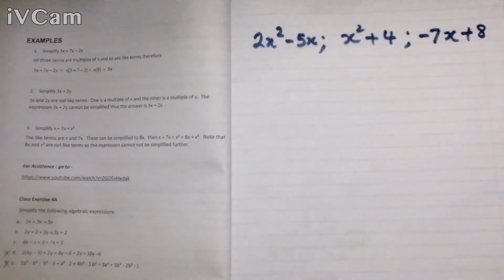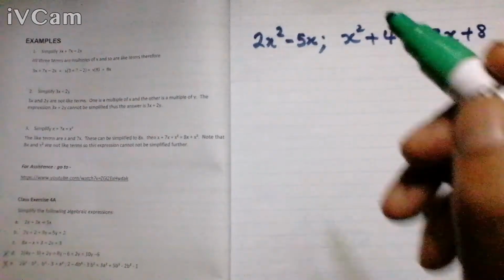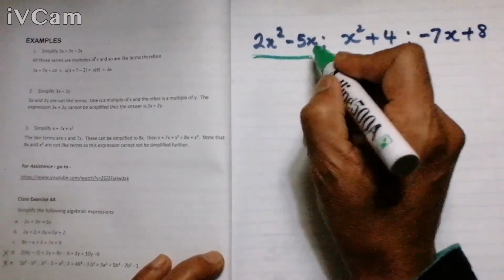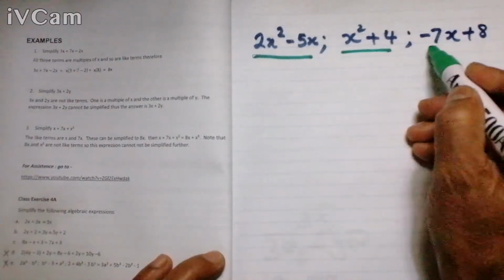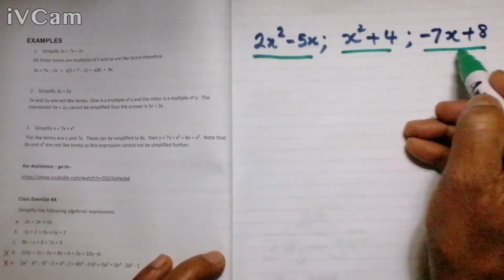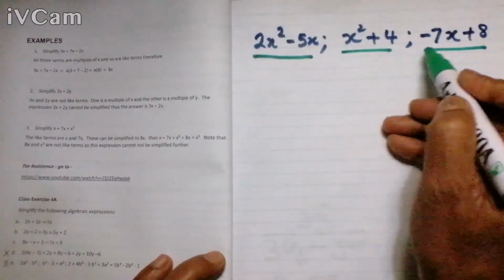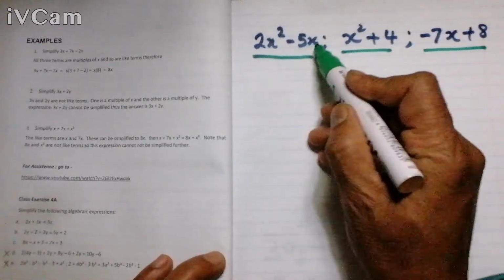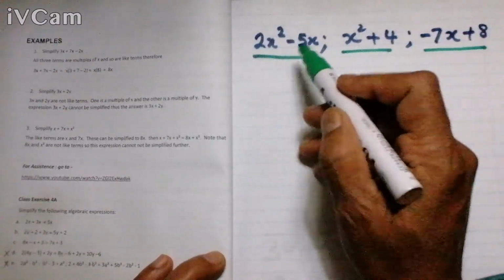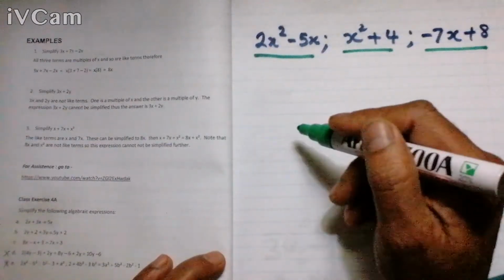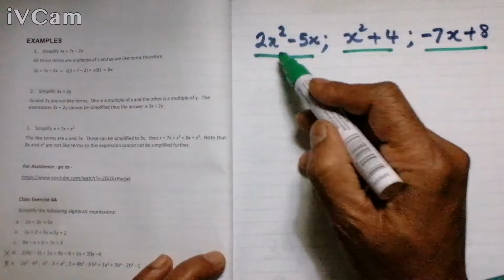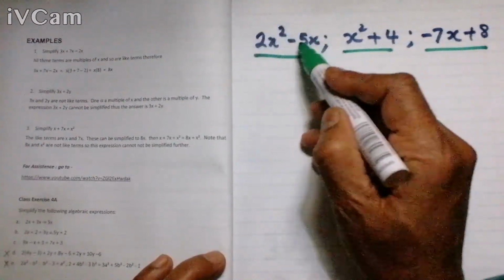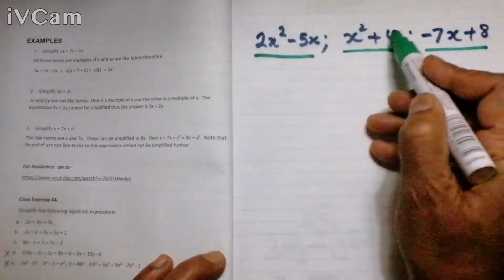So actually there are 3 polynomials here, and we can call them binomials because they have 2 terms. The type of polynomial here is binomial. If you got 3 terms, it will be called a trinomial, but each one has only 2 terms.